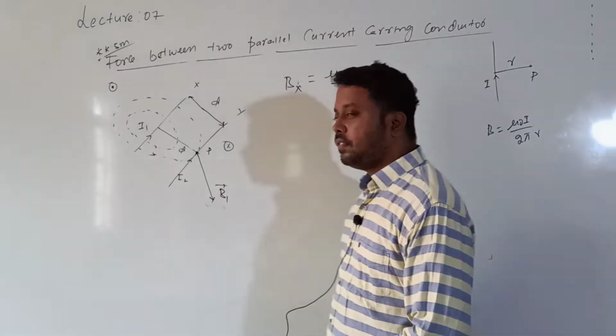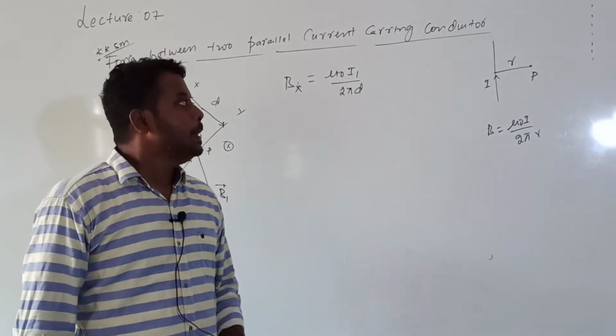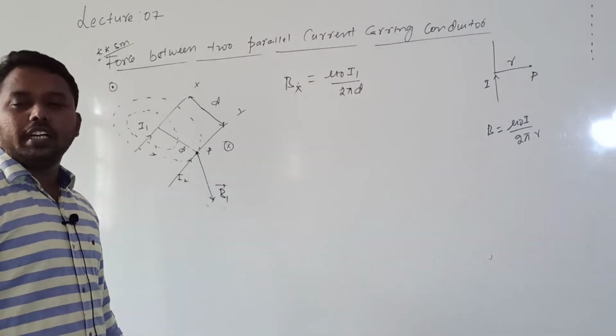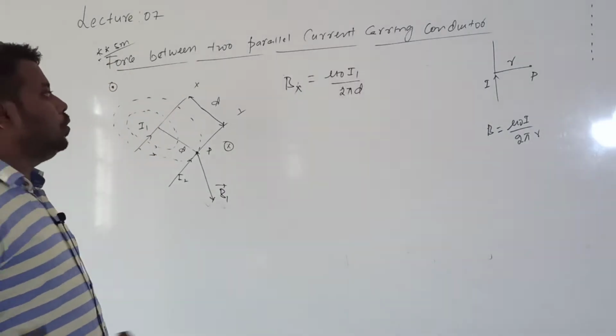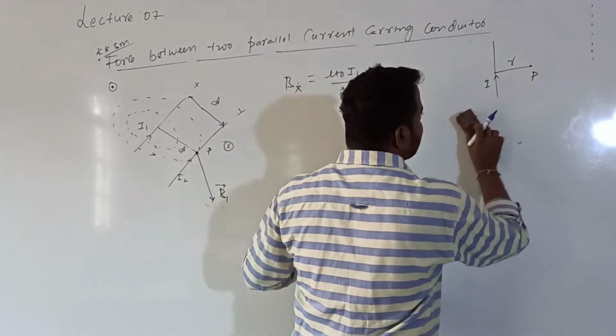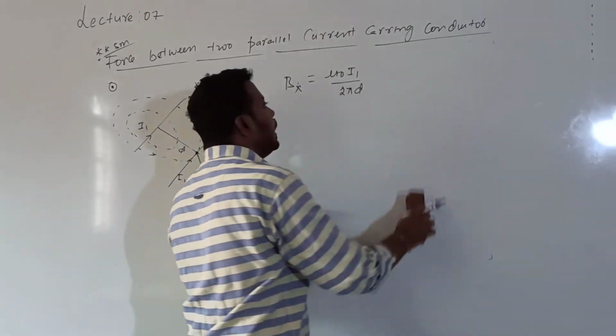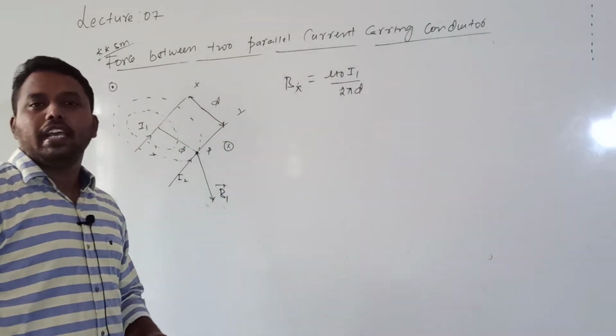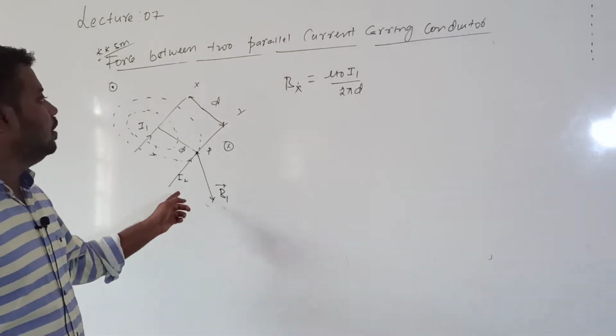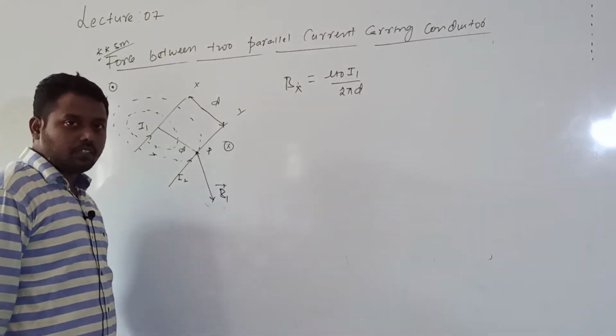Can you remember? What is Bx? Bx is given by mu naught into I1 by 2 pi into d, where Bx is the magnetic field produced by X at a point P which is there on Y.